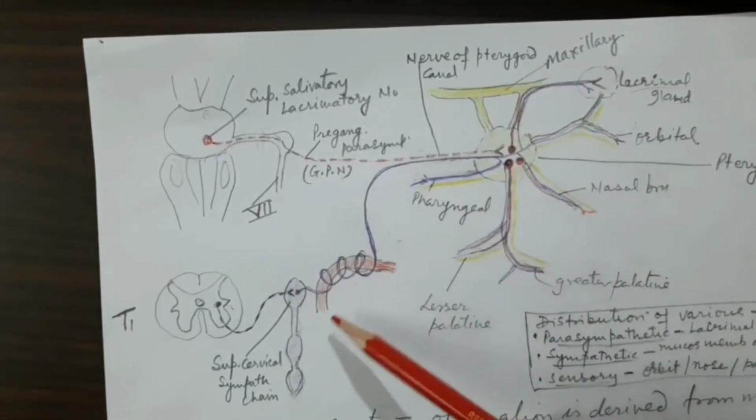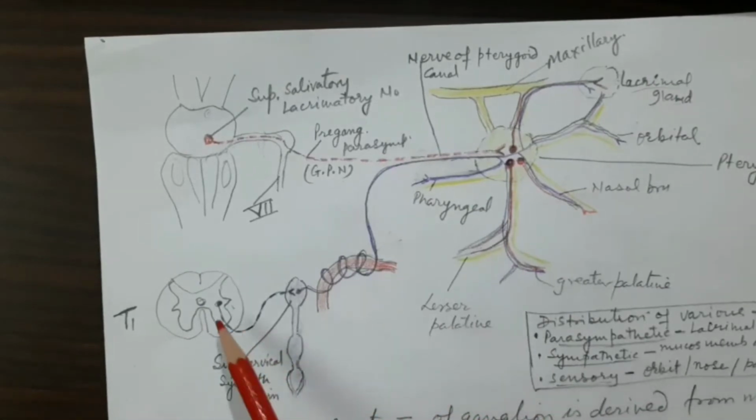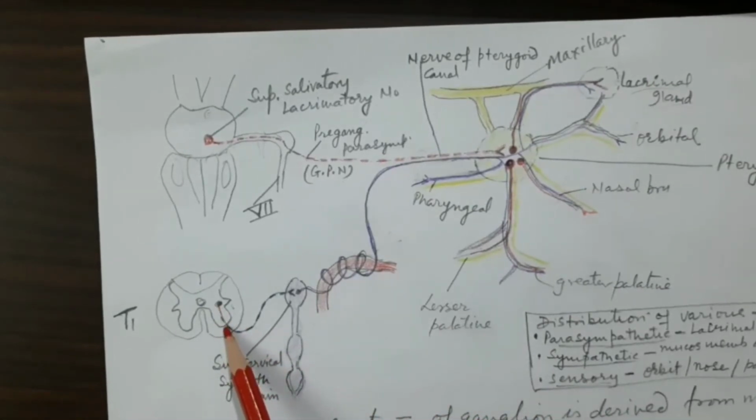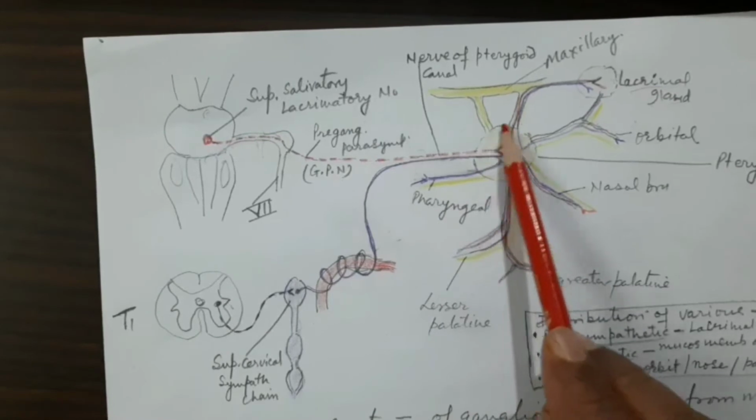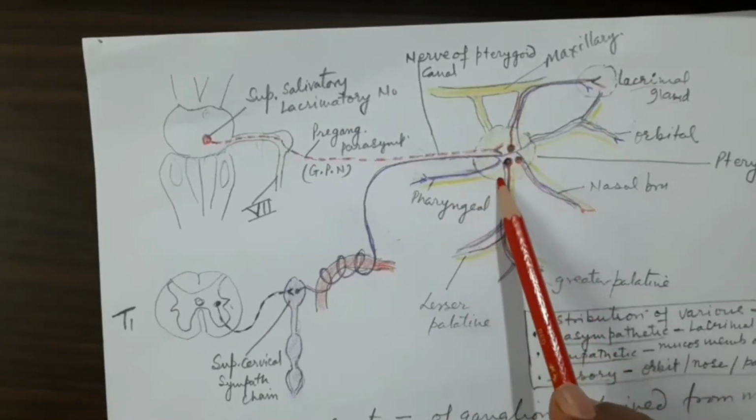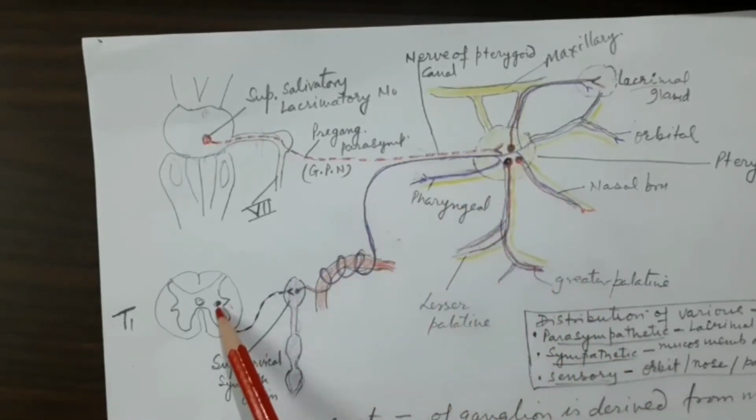Okay, let us go to the sympathetic fiber. Now, as I said, the sympathetic fibers, which are the root for the pterygopalatine ganglion, come from the preganglionic neuron located at the thoracic first spinal segment in the lateral horn.